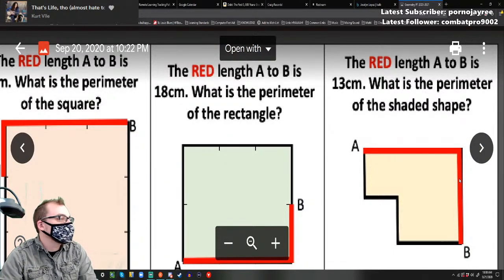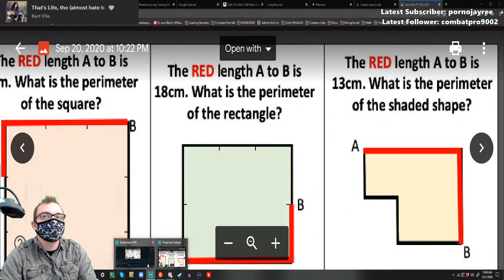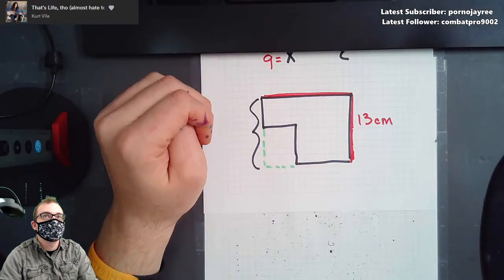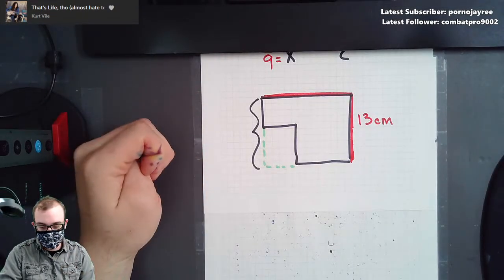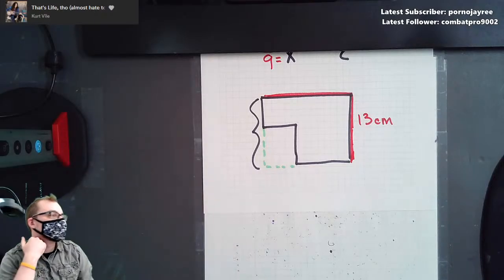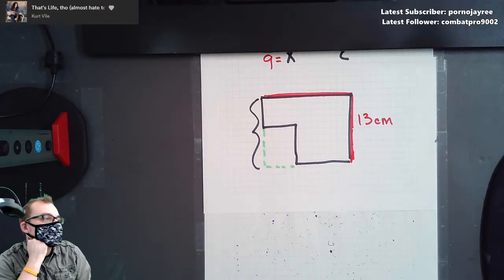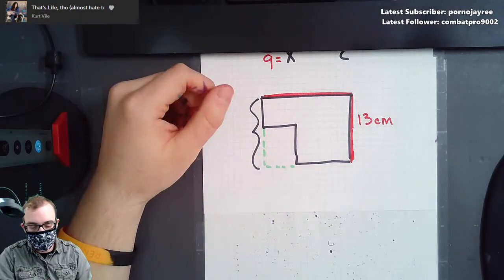Does anybody have something to say? I think I know what you're trying to say. And I think you should think about that and tell me. What do you mean 26? Well, why would you say 26?